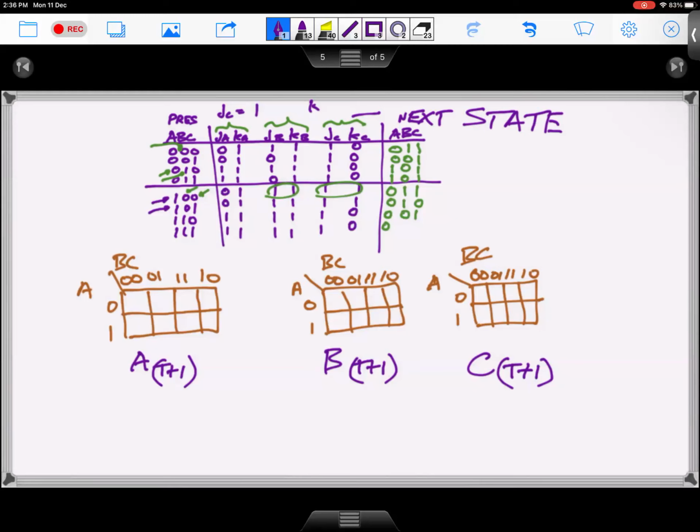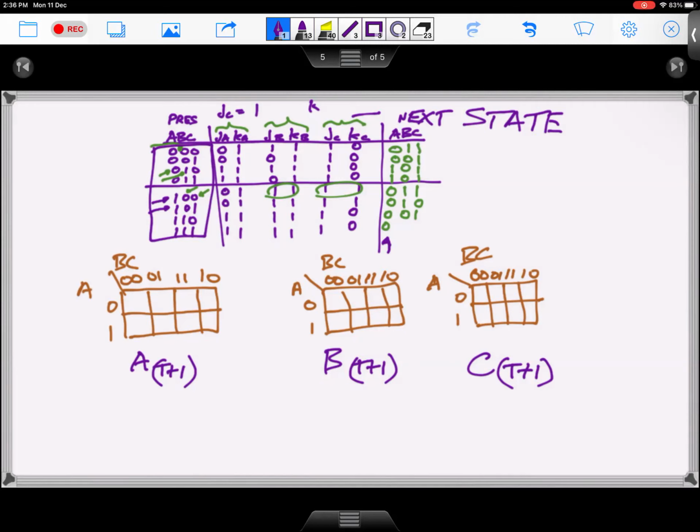Right? Now, if we want to find the next state in terms of the present state, then we have to put the ones here into the squares from here.